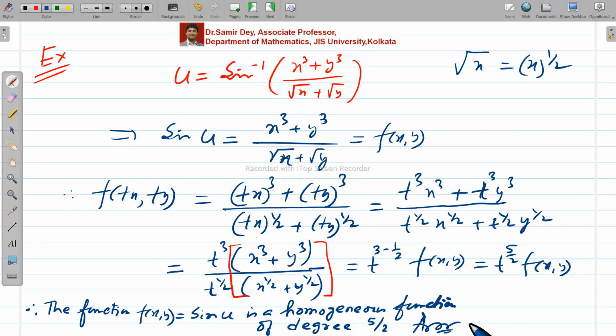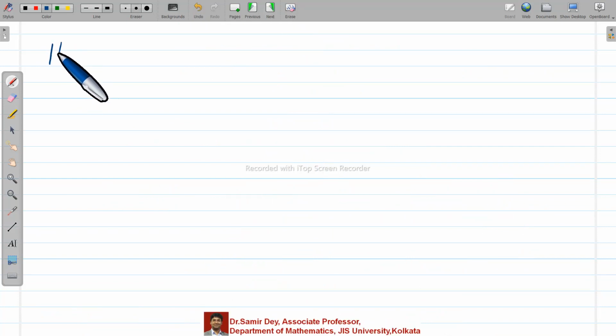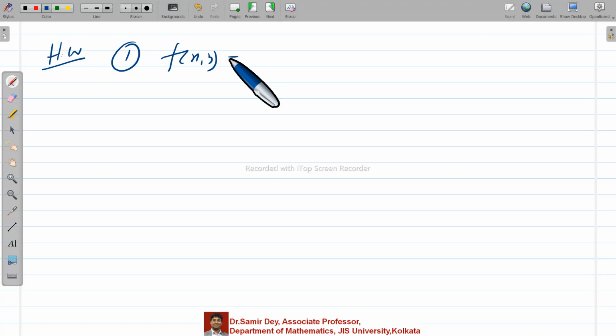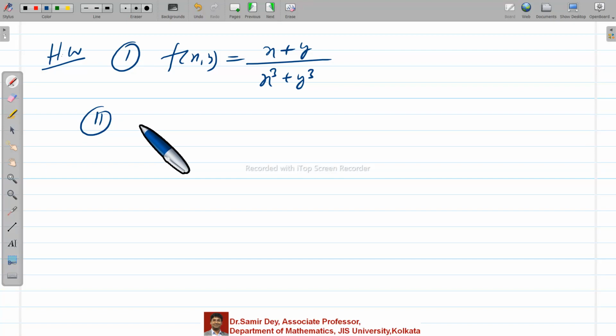Now just try to solve some questions. I can give a numerical example as homework. Number one, test whether this function is homogeneous or not: f(x,y) is equal to (x plus y) by (x cube plus y cube). In this problem your degree will be minus 2.